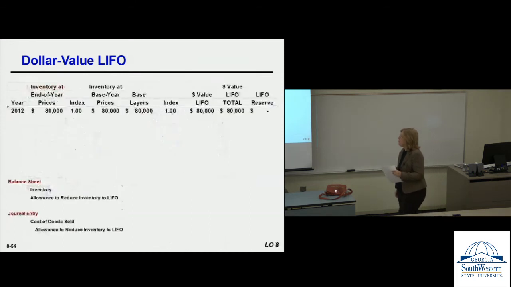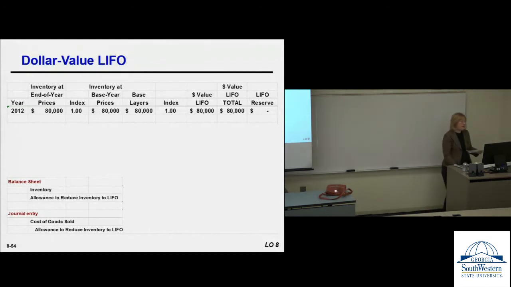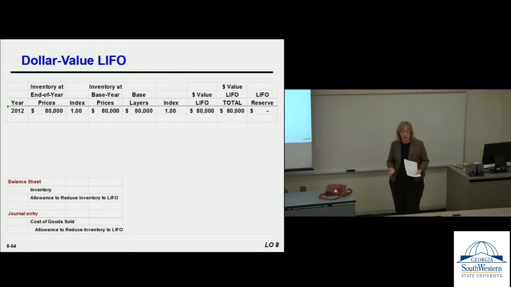So in year 2012, we counted our inventory, and that's the base year. 2012 is the base year because that's our first year. And we counted the inventory, and it was $80,000. And we said that our price index on that year was 1.